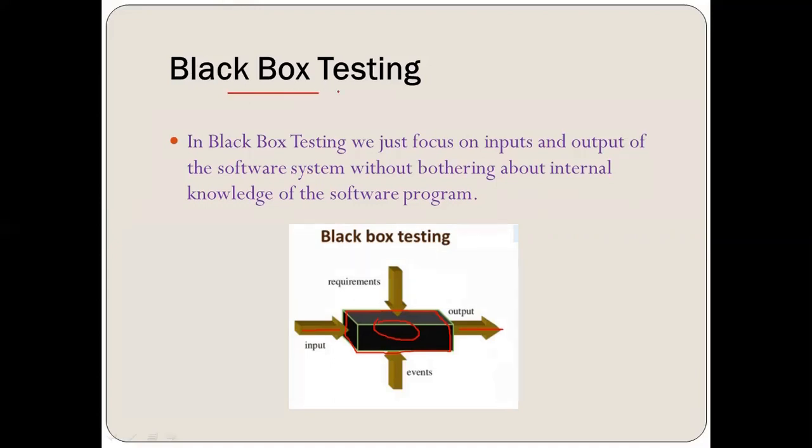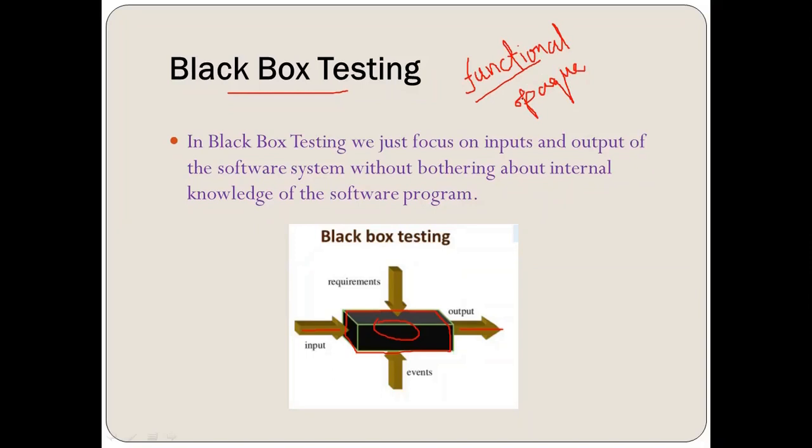So I can say black box testing is functional testing, because here I am going to check the functionality. I am going to focus on the requirements of the customer or the end user. So this is called functional testing or opaque testing. White box testing was called structural testing, or clear box or glass box.